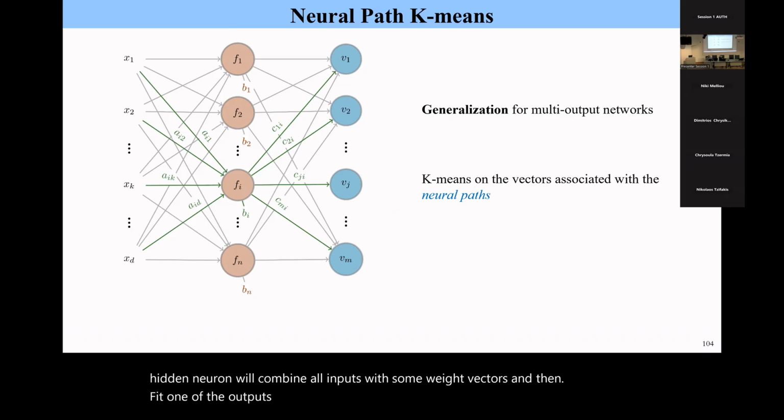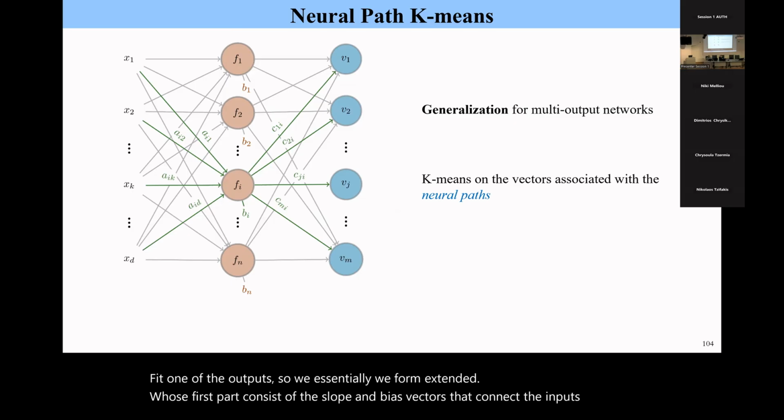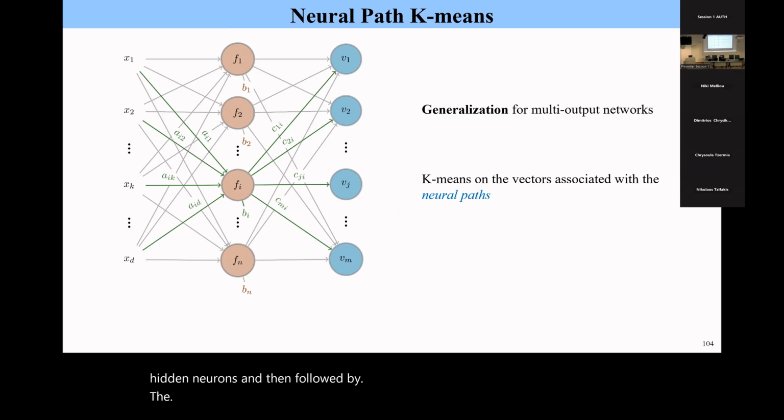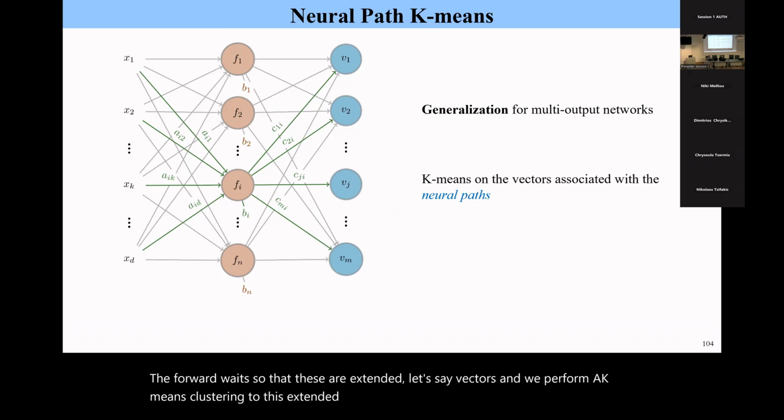So we form extended vectors whose first part consists of the slope and bias vectors that connect the inputs to the hidden neurons, followed by the forward weights, and we perform a k-means clustering on these extended vectors, and then the final network is constructed by the clusters of this k-means procedure.